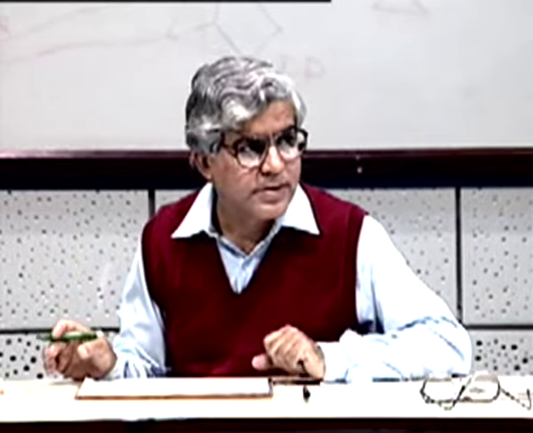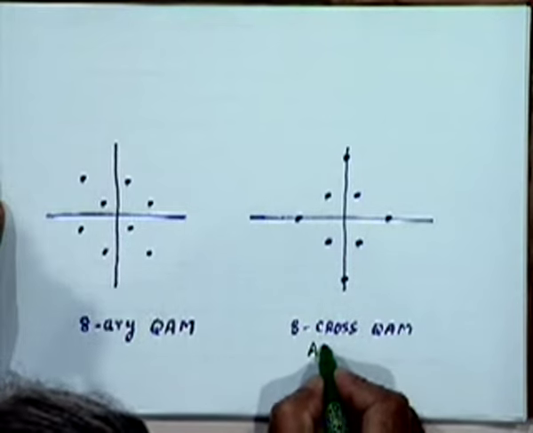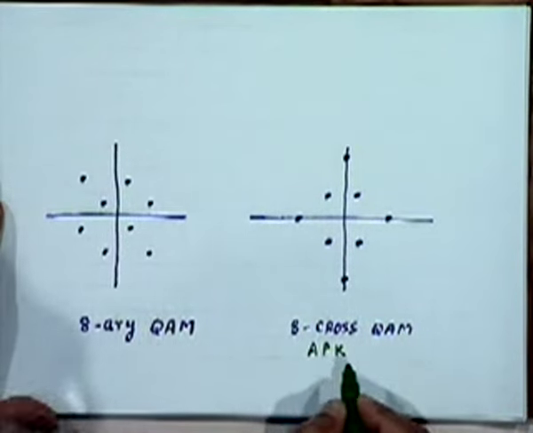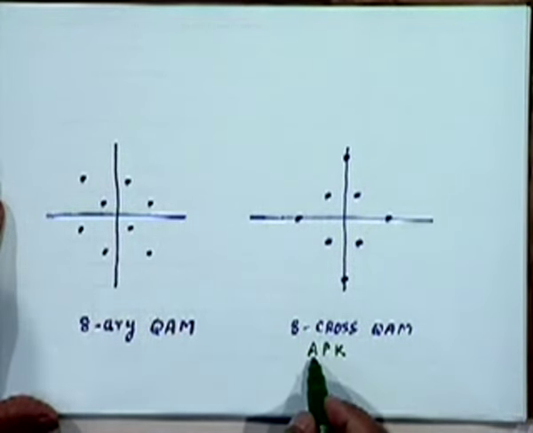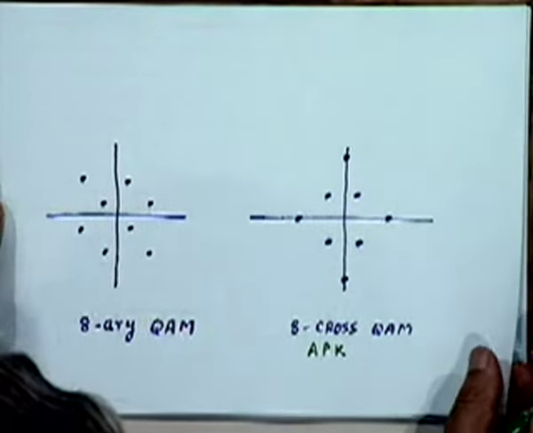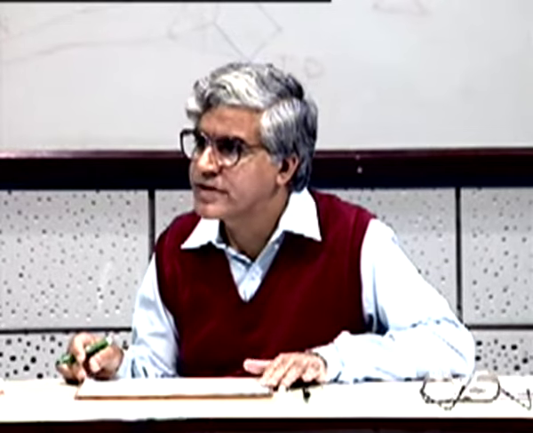Any questions so far about these constellations and the concept of quadrature amplitude modulation in general? Sometimes these kinds of things are also known by the name of amplitude phase shift keying. In general, QAM systems are APK, right? It stands for amplitude phase shift keying. The names are confusing, but they all imply the same thing, right?